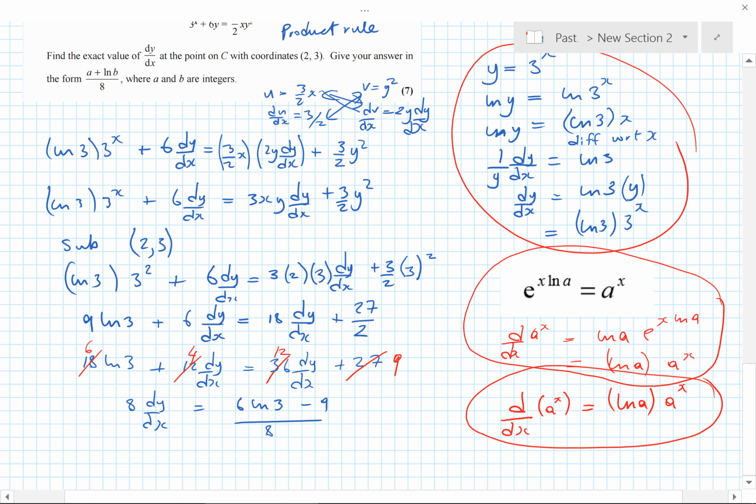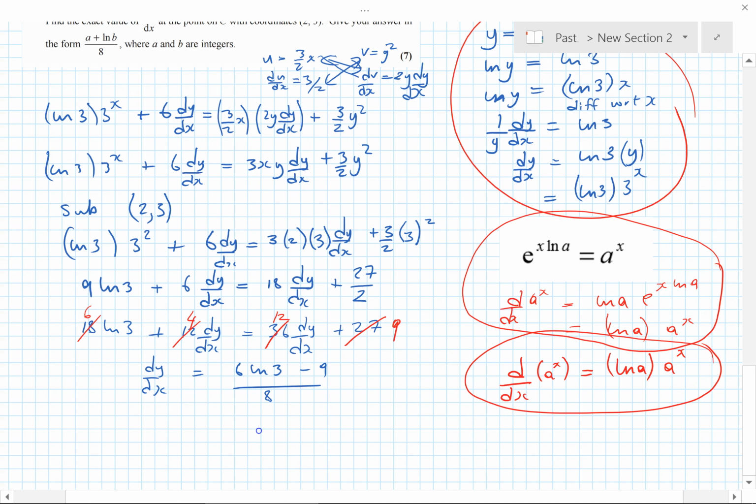However, normally it would be fine to give it in that form, but we do need to read the question. It wants the ln by itself with no constant in front of it. So, let's get rid of that 8 there. So that means that dy by dx is equal to ln 3 to the 6 minus 9 all over 8.